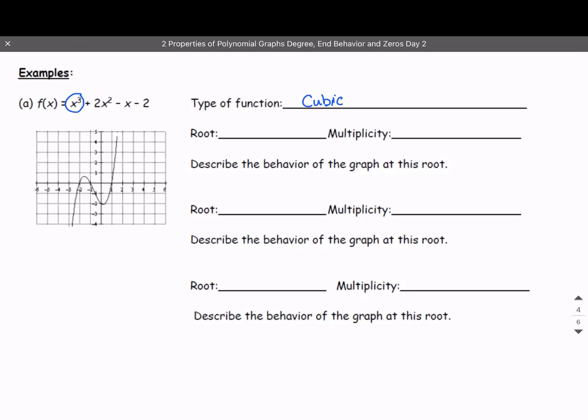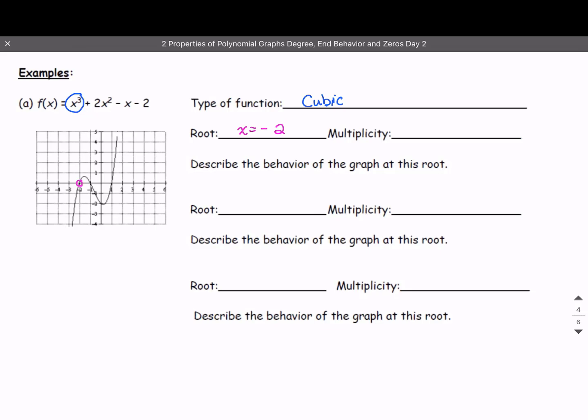Now, they want us to find the roots, tell the multiplicity of the root, and how we know what the multiplicity is based on the behavior of the graph. So I'm going to start working from left to right. Okay, so the first root that I see is that x equals negative 2.